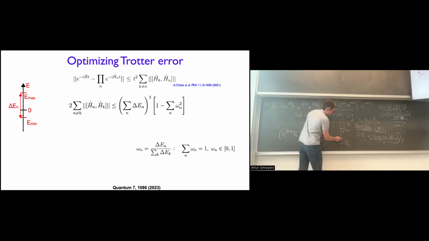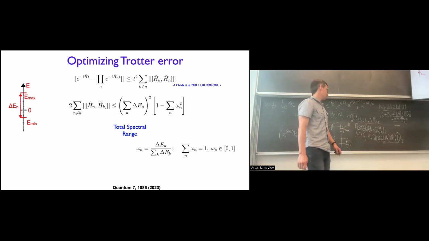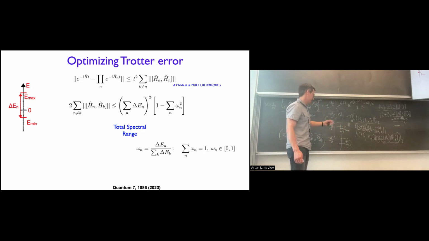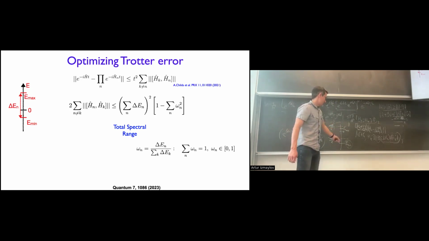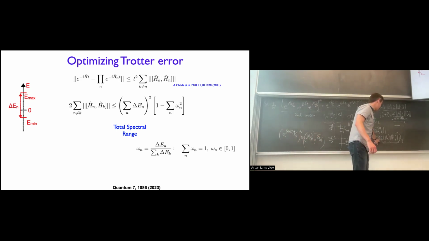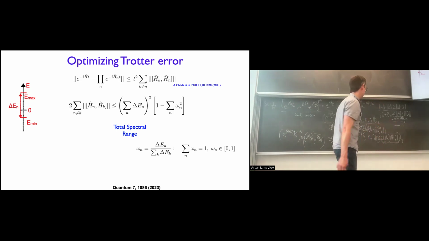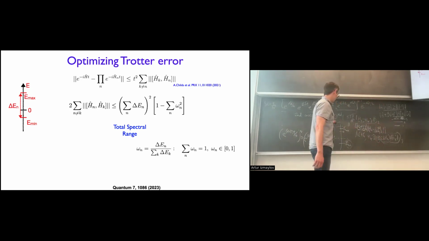All right. So when we introduce the shift, the best shift to reduce the largest by absolute value eigenvalue is to shift it symmetrically. And so if we do shift symmetrically, then it will be minus delta E of maximum minus minimum divided by 2, and here there will be delta E divided by 2, right? So these are what we again call spectral range, and the optimal shift to make this upper bound the most accurate is the shift that shifts every fragment symmetrically.